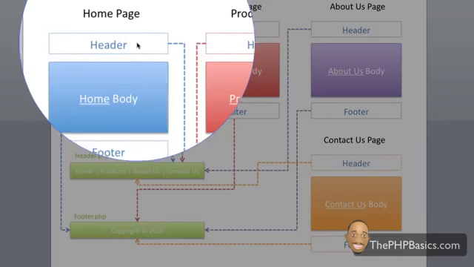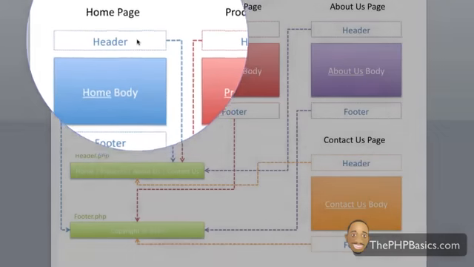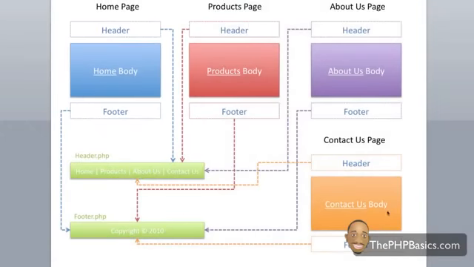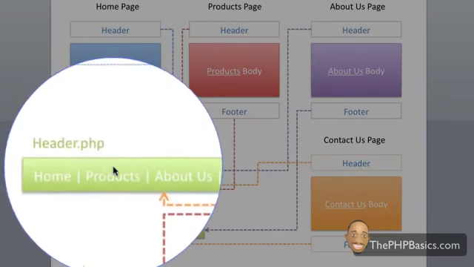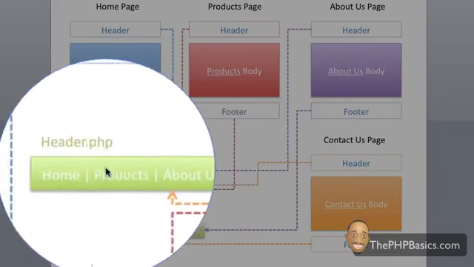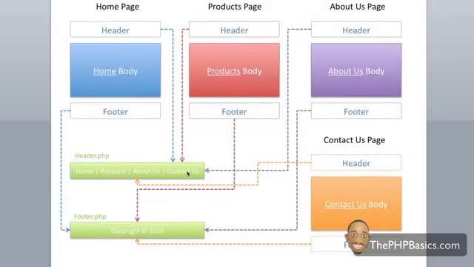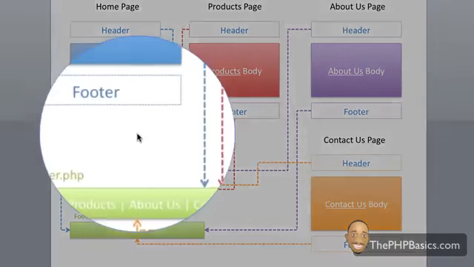So wouldn't it be great, instead of having to update 4 different pages, wouldn't it be great if we can have a single file whose job is only to contain the links or the navigation bar for each one of our pages? So if we add a new page or a new link, we only have to edit one single file. And that goes for the footer as well.